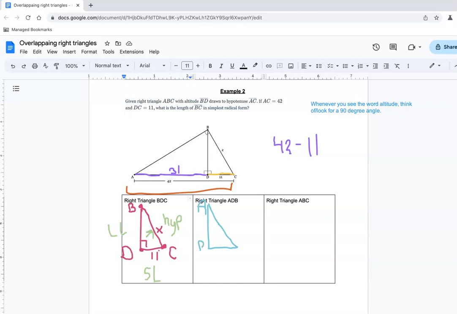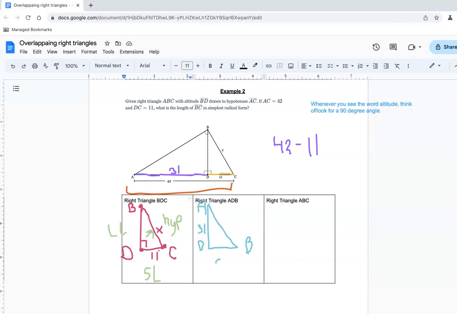D and B. So we know that AD is 31. And that's all we know, right? We don't know anything else about any of the other sides in that triangle.